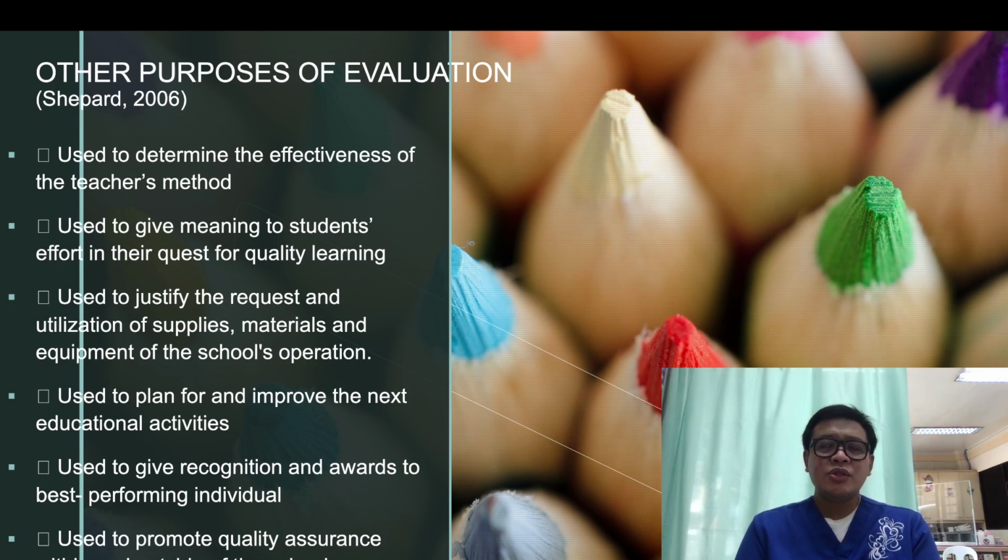And evaluation as well is more into the different things that are needed in order for it to be done. With regards to evaluation, it's one way for us to boost the morale of the students because evaluation could always be used to provide awards and to recognize a student or learner who was able to do well in school.